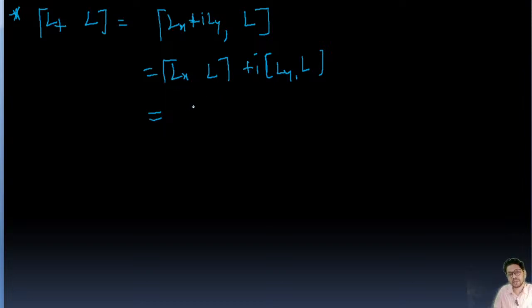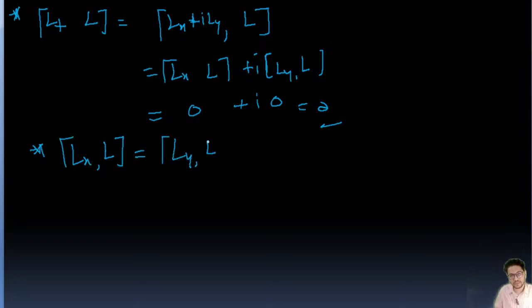Lx with L squared, this value is 0. Ly with L squared, this value is also 0. So Lx L squared, Ly L squared, or Lz L squared, these values are going to be 0. You need to note down, I can write it up for you: commutation of Lx L squared equals Ly L squared equals Lz L squared. These values are 0.